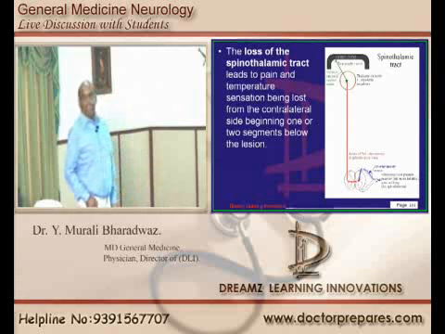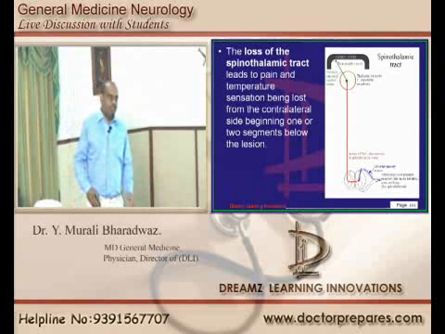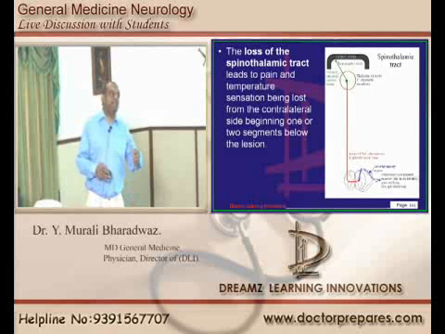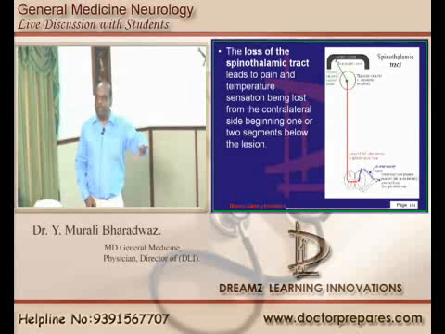Tomorrow an illustration like this will be given and you will be asked to identify whether it is Brown-Sequard or syringomyelia or anterior spinal artery occlusion syndrome. There are 4 to 5 syndromes involving lesions of the spinal cord, which you have to make up.